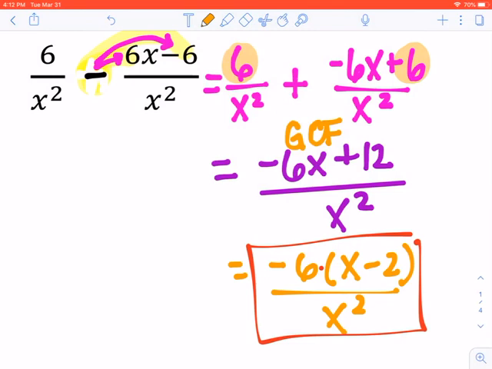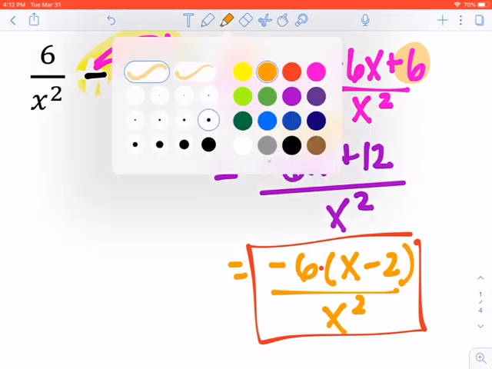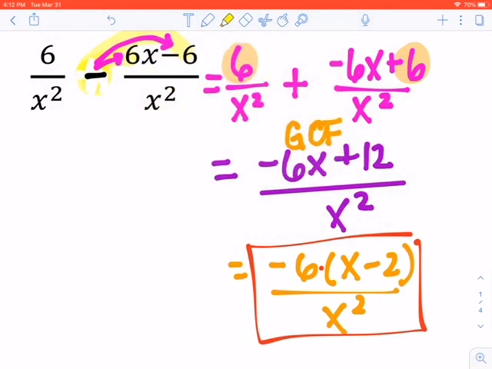Please keep in mind that if this was a multiple choice test, it is possible that your answer could either look like this one or it could look like this one, but you need to know how to go back and forth between both of them. Obviously, they're both the same exact answer, so it's possible that you could see one versus the other, okay?